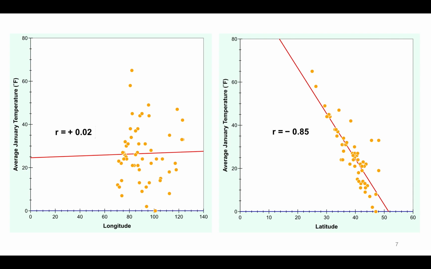What does matter is latitude, which is how far above or below the equator, so how far north or south of the equator your location is. As we know, countries that are farther north, like over here, are going to have lower January temperatures compared to countries that are closer to the equator, which are going to have hotter temperatures in January.